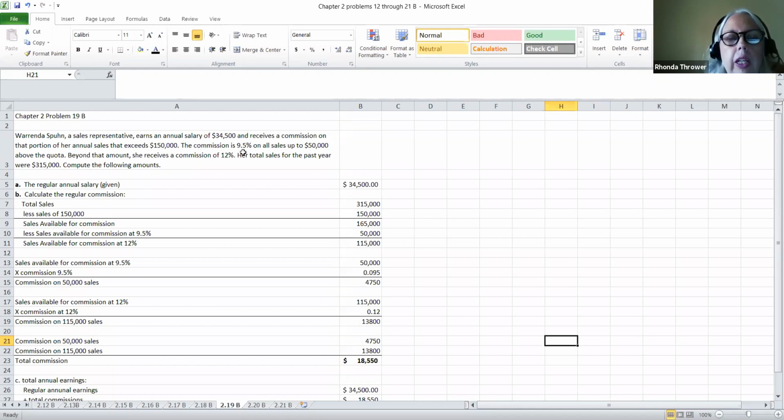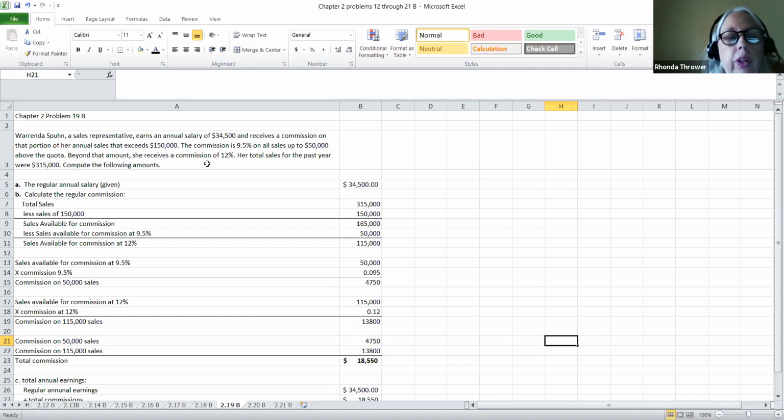The commission is 9.5% on all sales up to $50,000 above the quota. The quota was $150,000. So if she has sales above $150,000, she will be paid 9.5% on $50,000 above this $150,000 amount that she has to make.